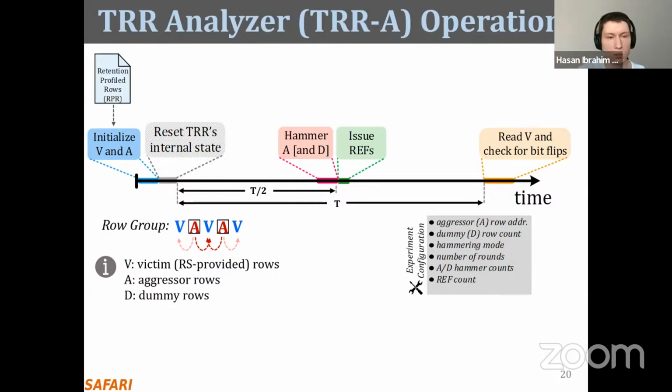So what is the policy to detect an aggressor row? Does it detect an aggressor row when it is hammered at least 10 times or 100 times? Or does it otherwise not detect the row as an aggressor row? So we try to answer these kinds of questions by repeatedly doing many experiments with different configurations.